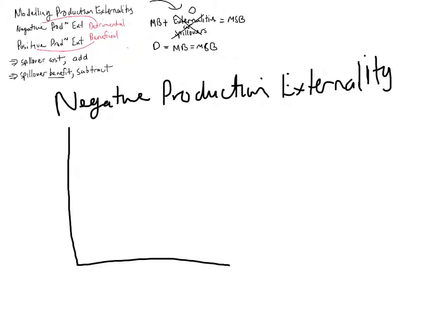So here's our starting position. Supply equals marginal cost. Now we want to know where to position the marginal social cost curve. So let's get into a bit of accounting. What we've got is the marginal cost plus the spillover cost.